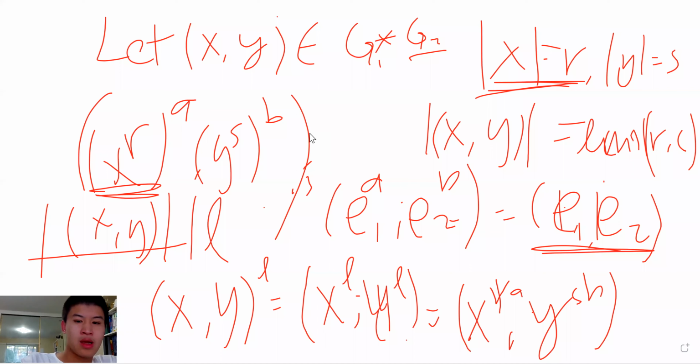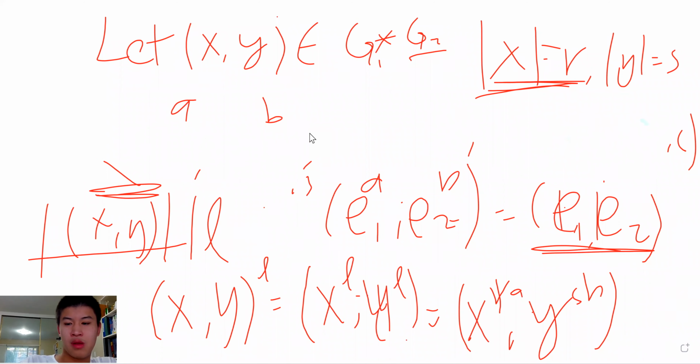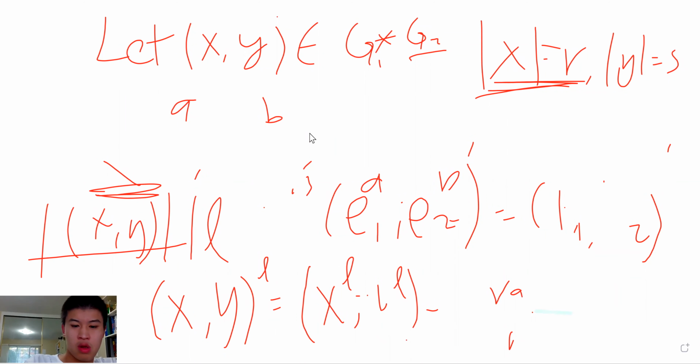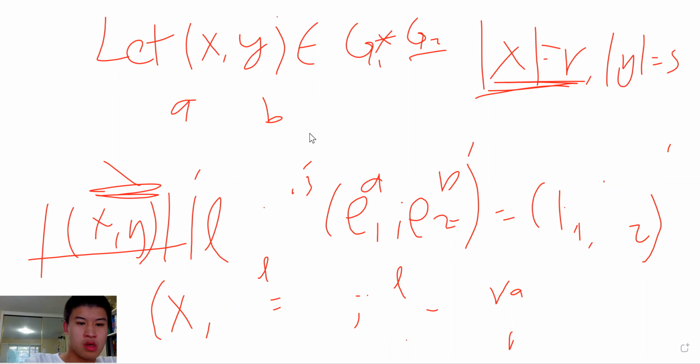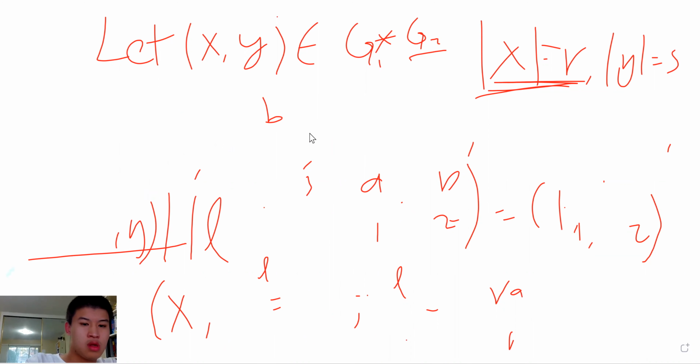And I can prove the converse of that statement too. Let me clear everything. Let's say that L prime is equal to the order of (X, Y).